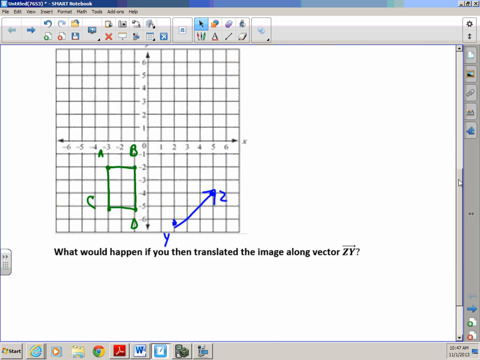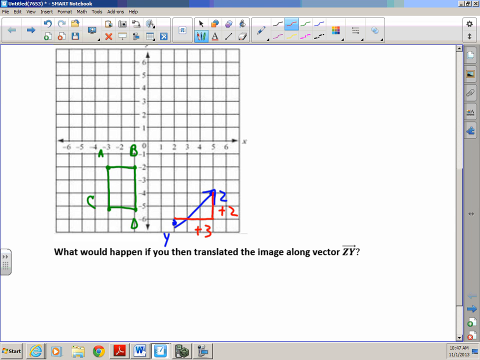So I want to move by sliding the green figure. Now, what does the vector tell me? The vector tells me I'm going from Y to Z. How do I get there? Well, in the coordinate plane, we move horizontally and vertically. So I move 1, 2, 3 to the right, which is a +3, 2 up, which is a +2.